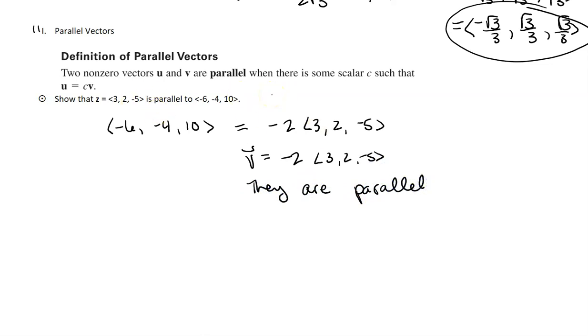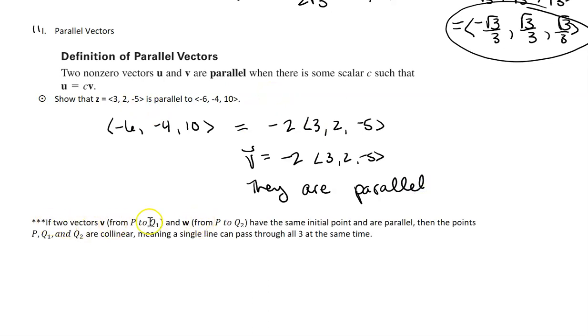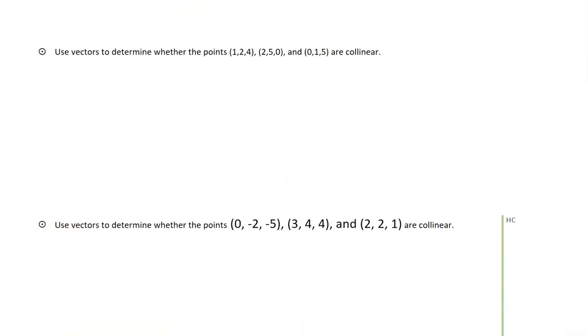If two vectors v from P to Q1 and w from P to Q2 have the same initial point and are parallel, then the points P, Q1, and Q2 are collinear, meaning that a single line can pass through all three at the same time. So this is to determine whether the points 1, 2, 4, 2, 5, 0, and 0, 1, 5 are collinear.